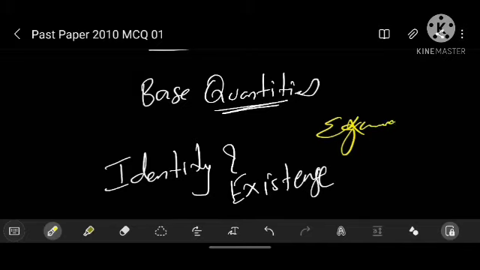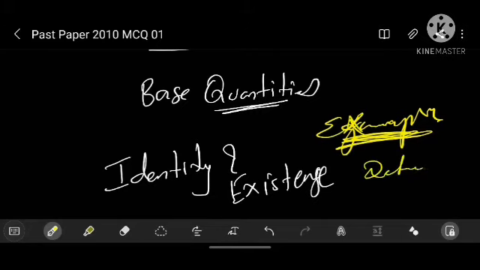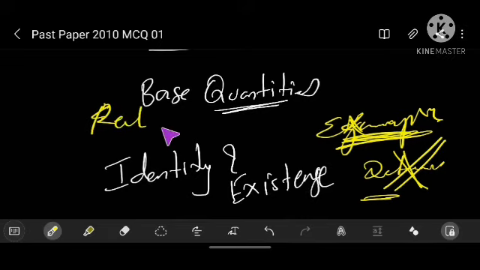Then only can you relate to the subject matter and understand completely. If you just read the definition, you will not understand properly. So the best way is always to connect it with real life scenarios. Here I'll explain.